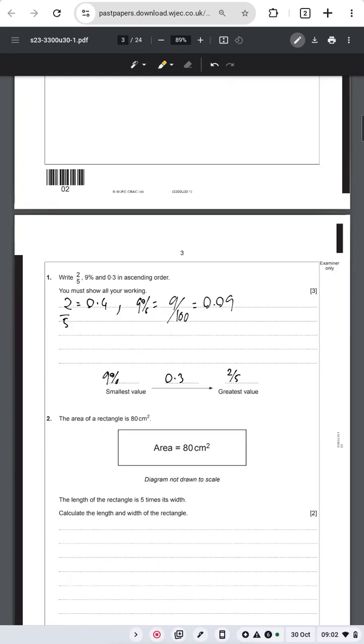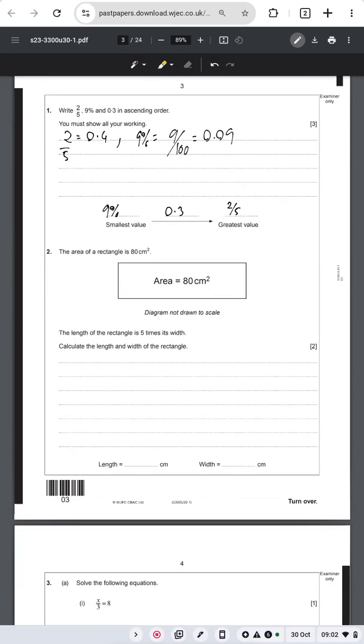9%. The area of a rectangle is 80 centimeters squared, and they've drawn us a rectangle. The length of the rectangle is 5 times its width. Calculate the length and the width of the rectangle. So length multiplied by width is equal to the area, so the length multiplied by the width is equal to 80.